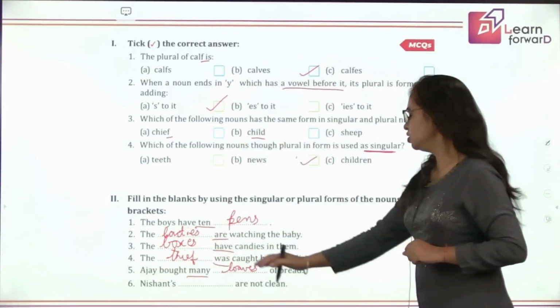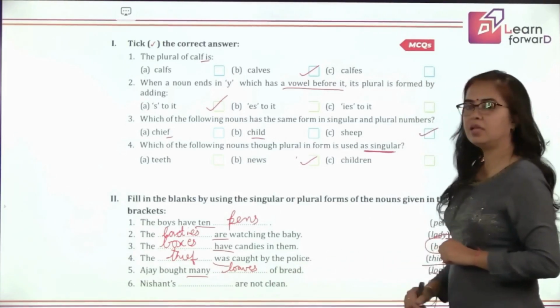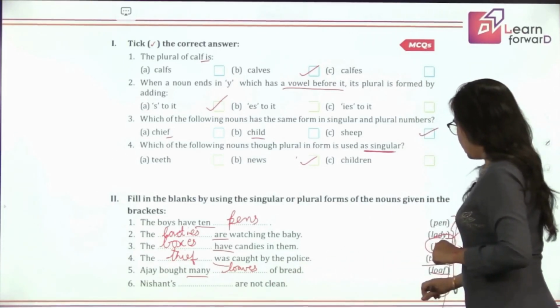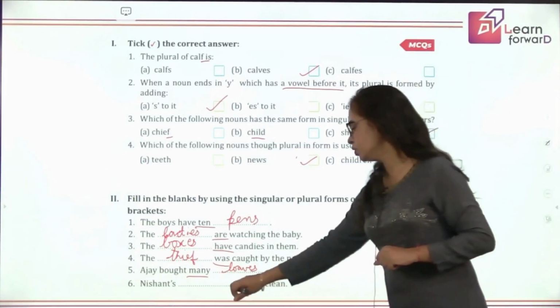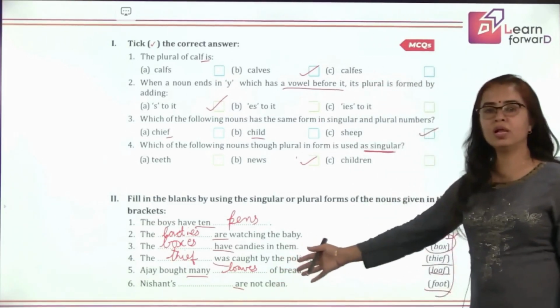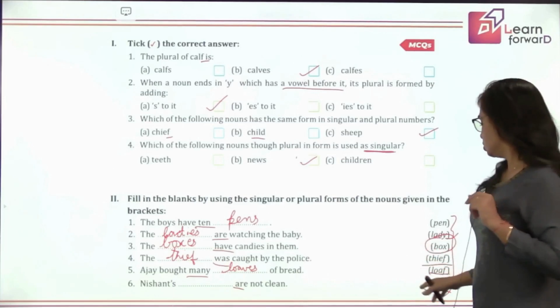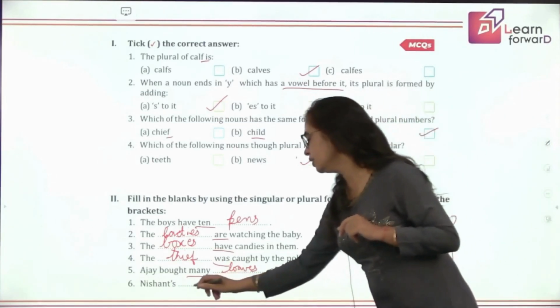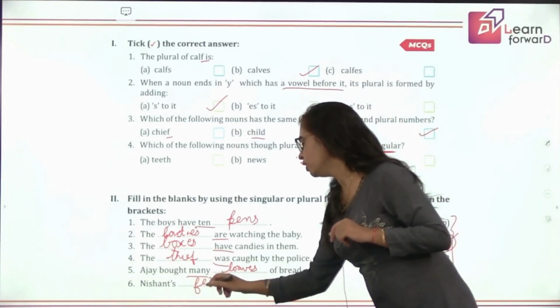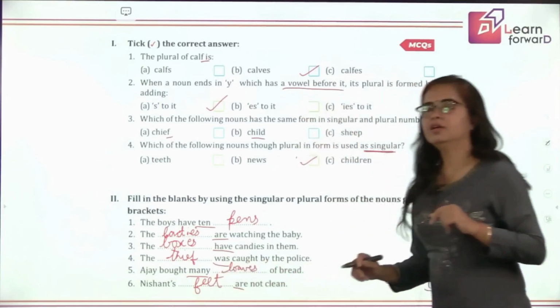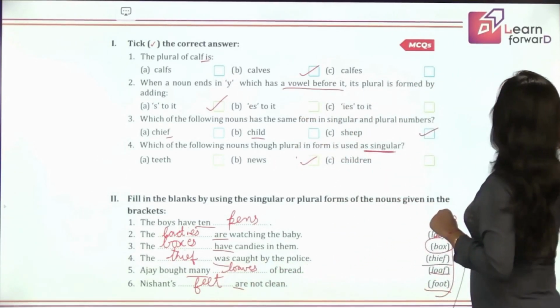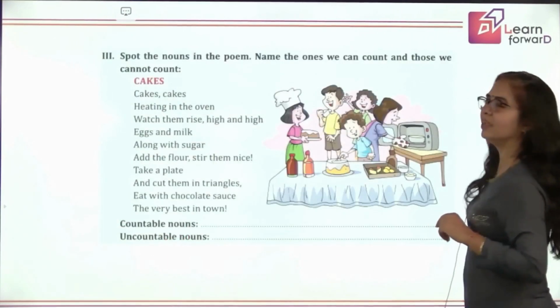Next, Nishan's dash are not clean. Are not clean and it is foot. It's plural. Are is used with many. It's not used with one. So, foot plural is feet. You all are becoming quite intelligent now, understanding everything.